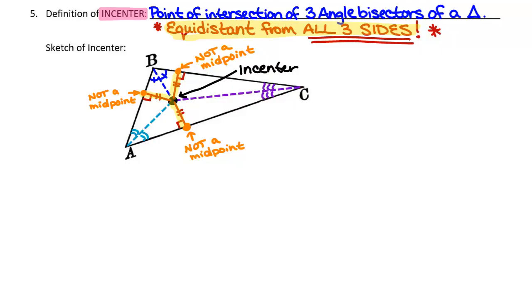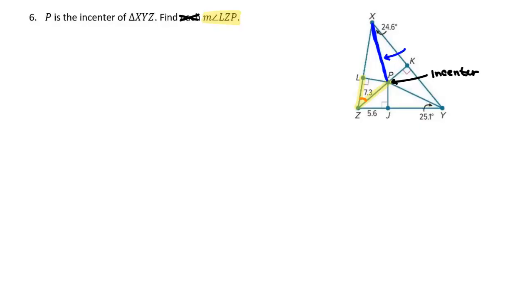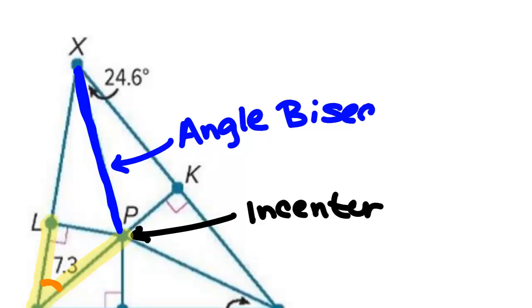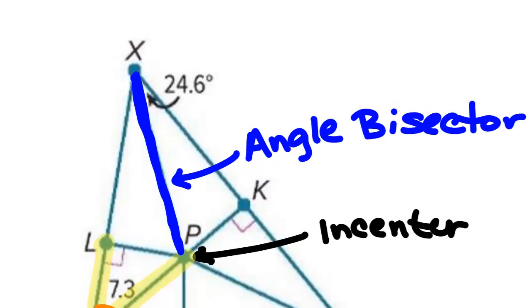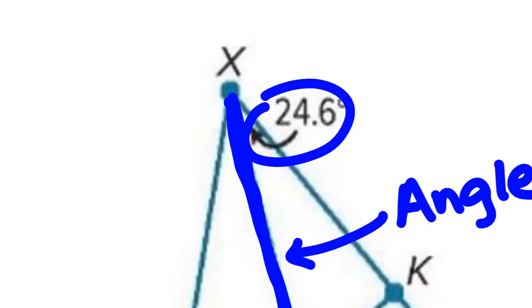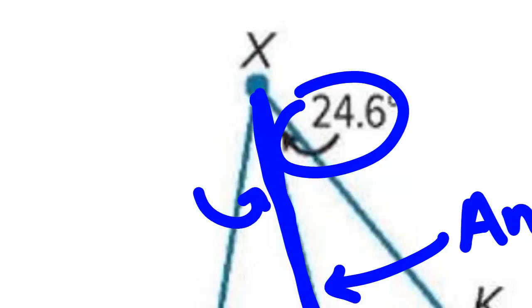Angle bisectors. This is the incenter. So what is this segment? It's an angle bisector. That means it's cutting angle X in half. And it tells me that this little piece over here is 24.6 degrees. So how big is this side over here?